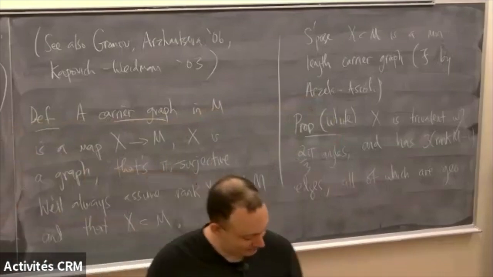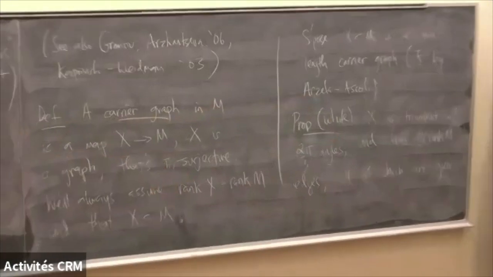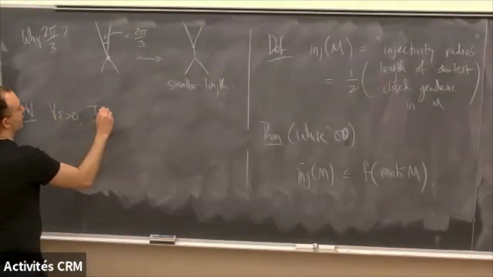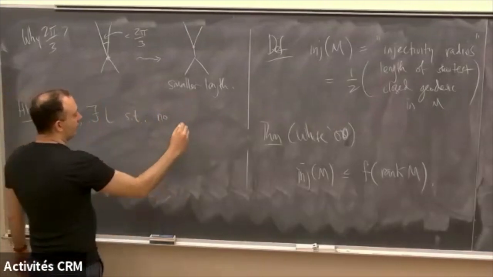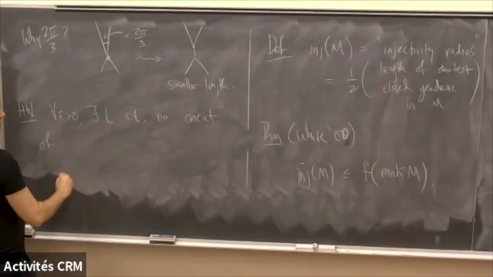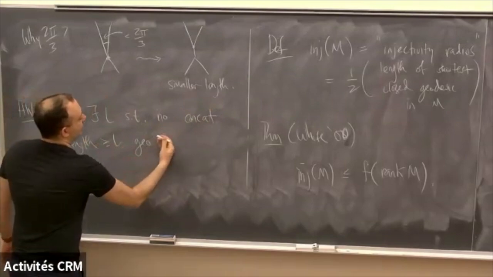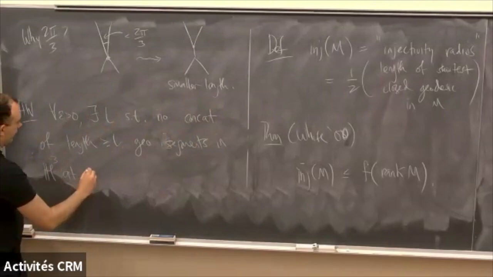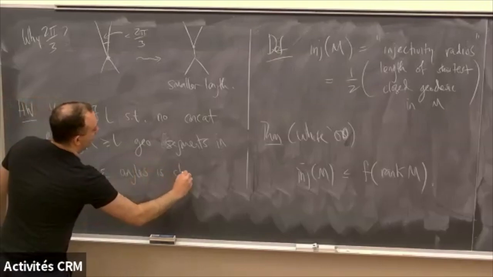So here's a nice hyperbolic geometry fact, which maybe I'll call homework. I claim that for all epsilon greater than 0, there exists an L such that no concatenation of length at least L geodesic segments in H3 at at least epsilon angles is closed.